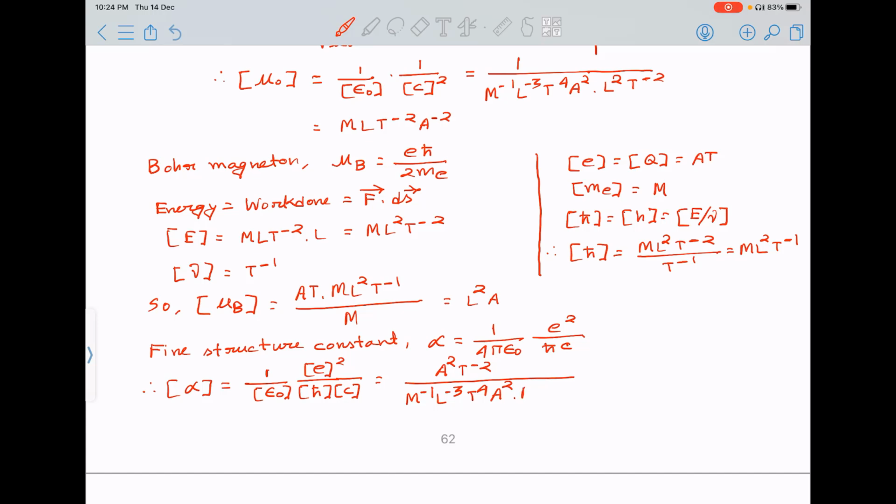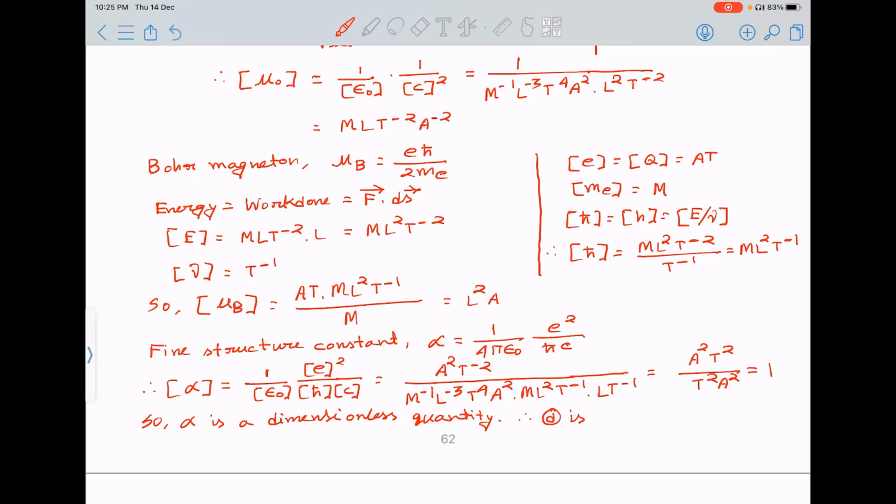The h cross is M L square T inverse. Then c is L T to the power minus 1. So this will be A square T square divided by T square A square. So this is 1. So alpha is a dimensionless quantity. Hence D is the answer.